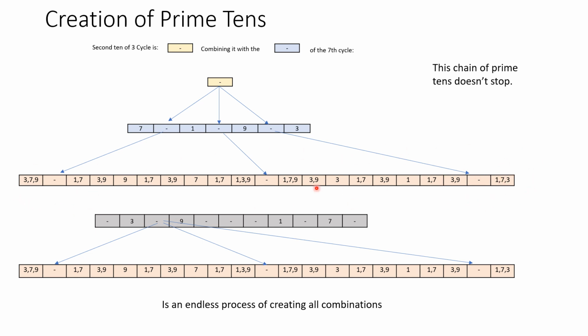And we're gonna have 3 of them. But because of the combination process that I already discussed in this video, these 3 cyclic prime terms are gonna combine with the 7 of the cycle of 11. This is the cycle of 11. Okay.